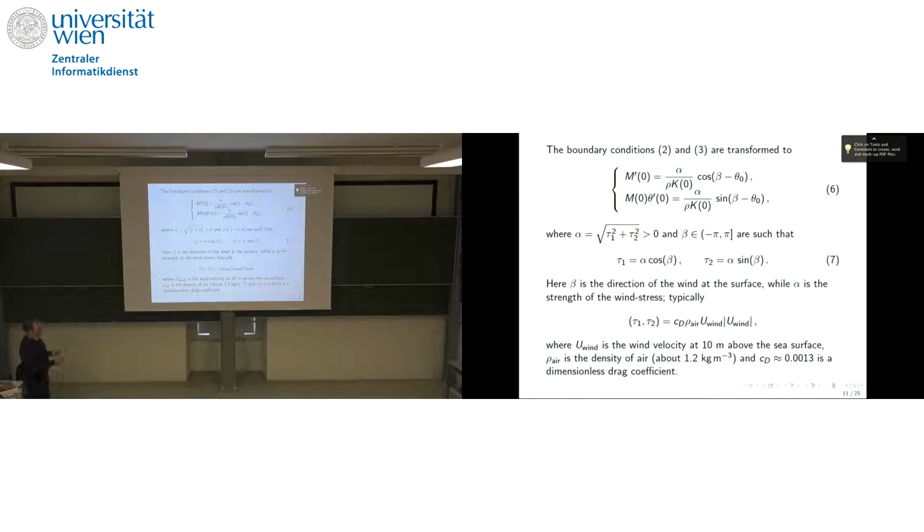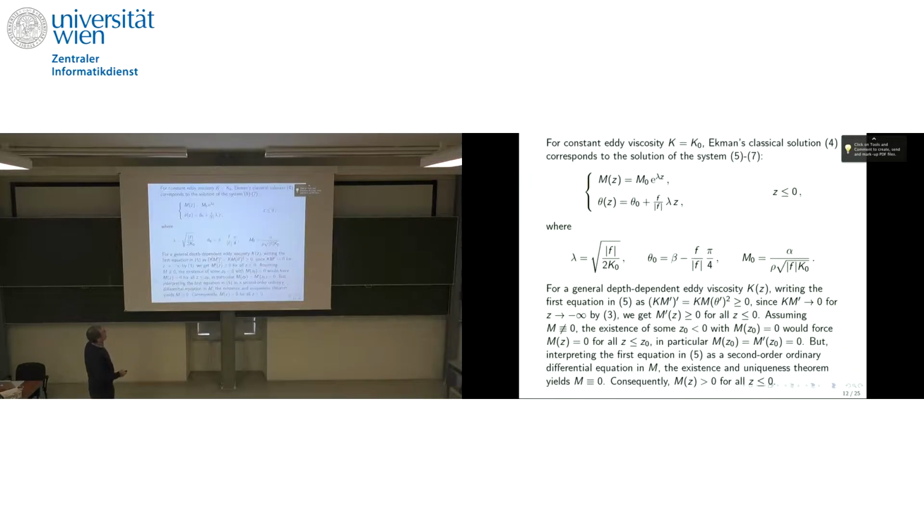And now, field data typically shows how the wind stress at the surface is related to the wind speed. Typically, this is taken at 10 meters above the sea surface. So this is the relation between the wind stress and the actual wind at 10 meters, but the important thing is these are the boundary conditions plus the decay.